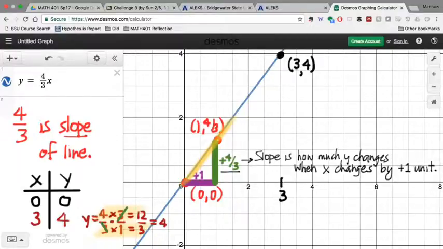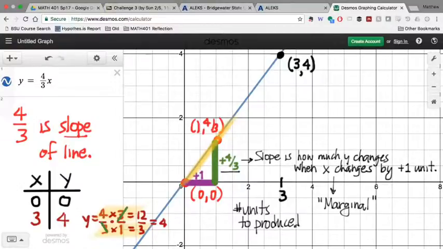By the way, where are my business management majors in here? So this has a name in business management. It's often called the marginal. So, for example, let's suppose that in this equation we're modeling how much it costs to produce a product or something like that. Maybe my x-axis here is the number of units that I want to produce, maybe measured in thousands or something like that.